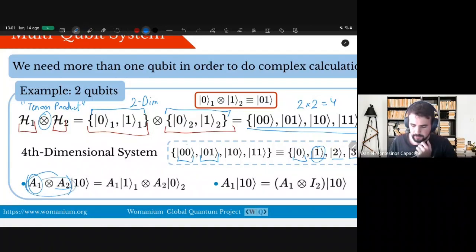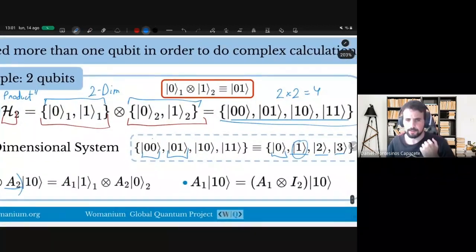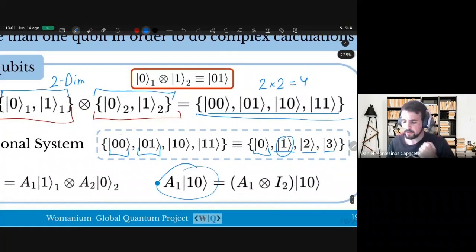If I write this in this way, I mean that the first operator is acting on the first qubit, and the second operator is acting on the second qubit. It is also usual to find this, and sometimes they don't even write this. Sometimes they don't explain that much, since people think it's easy to understand.